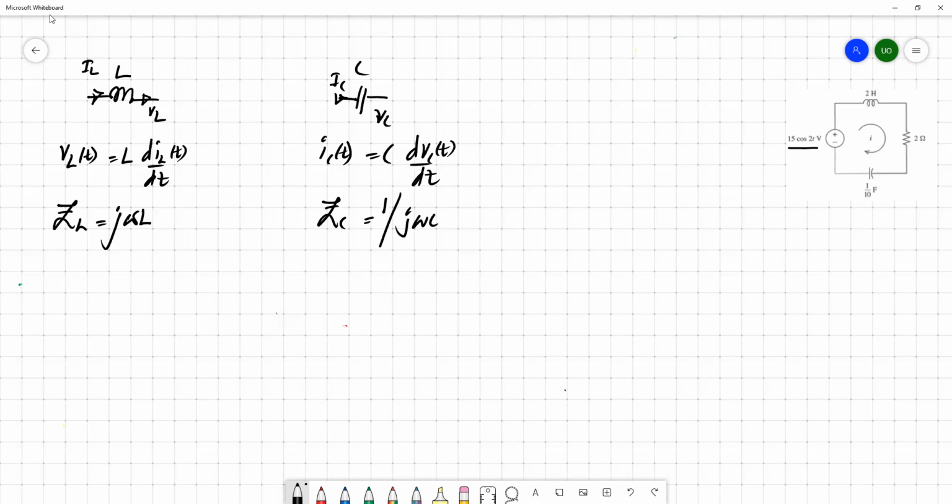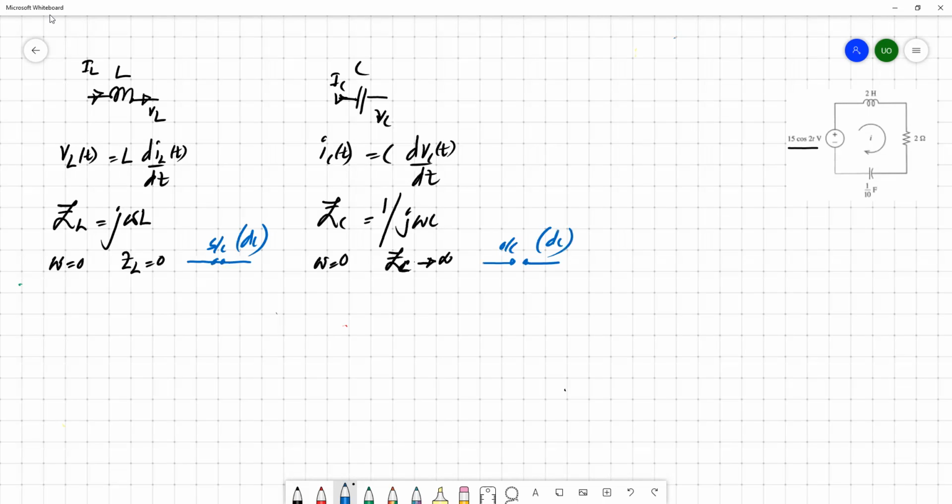So by looking at this, we claim that for omega equals 0, we have 0 impedance. For this case, omega equals 0, we have infinite impedance. So then we claim that inductors act as short circuit elements for DC, but capacitors basically act as open circuit elements for DC.